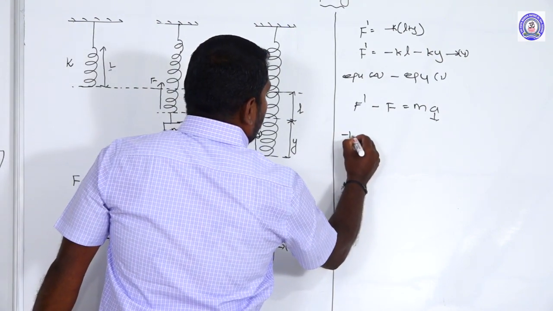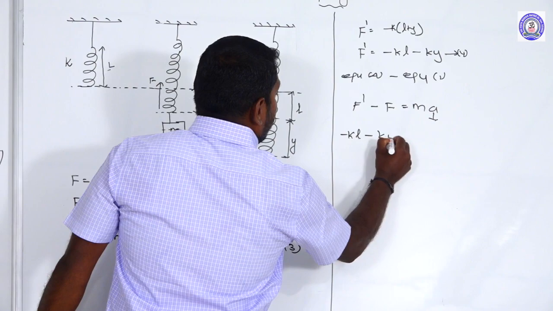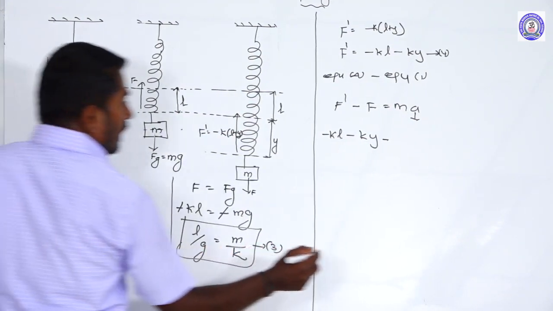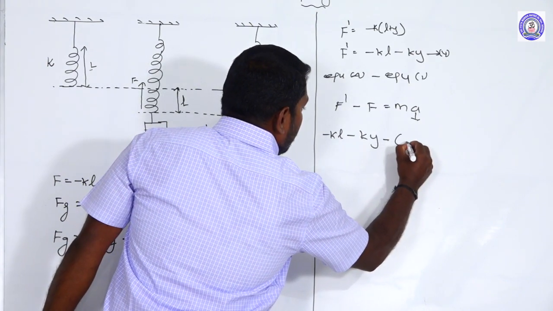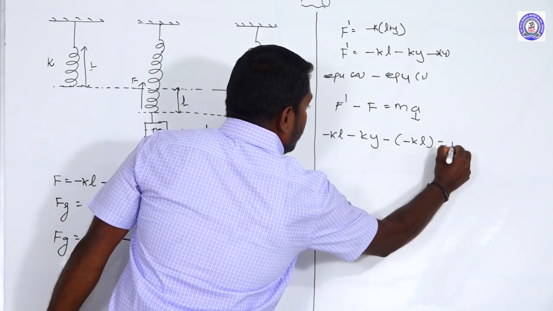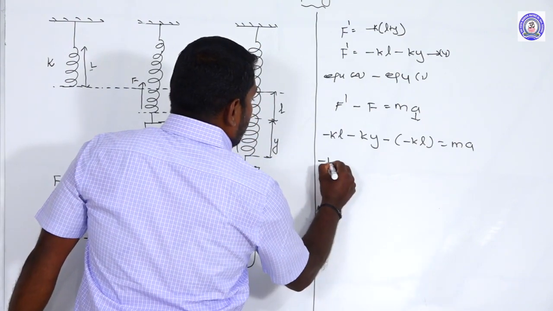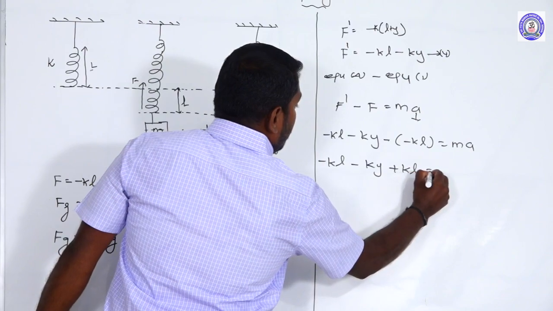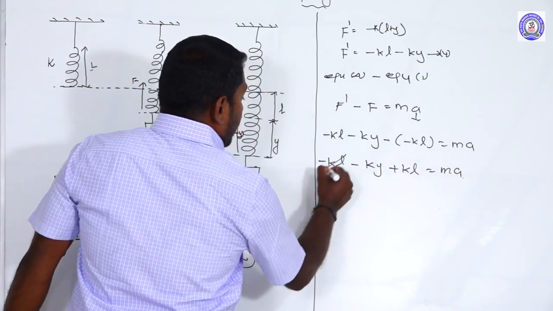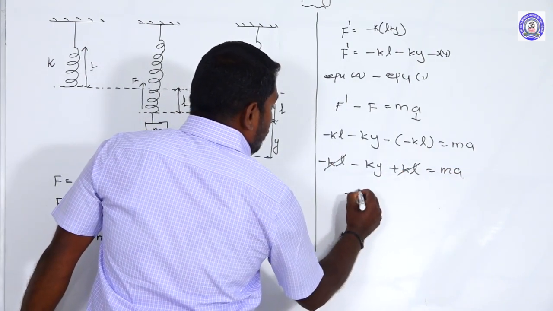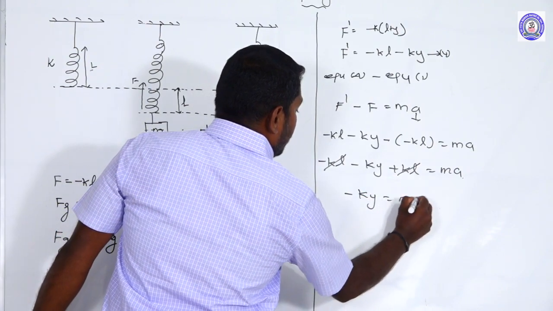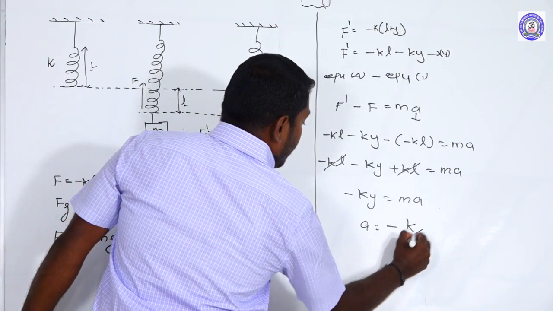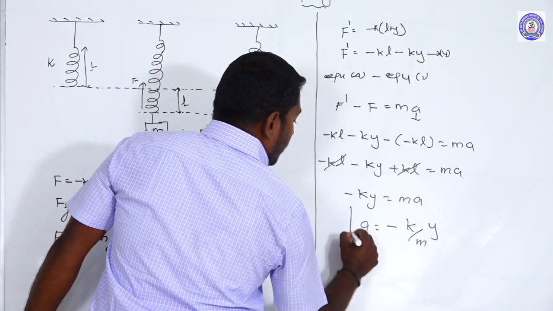So F prime is minus kL minus ky, minus F, where F is minus kL, which equals ma. So minus kL minus ky plus kL equals ma. Minus kL plus kL cancels, so minus ky equals ma. Here a equals minus k divided by m times y.